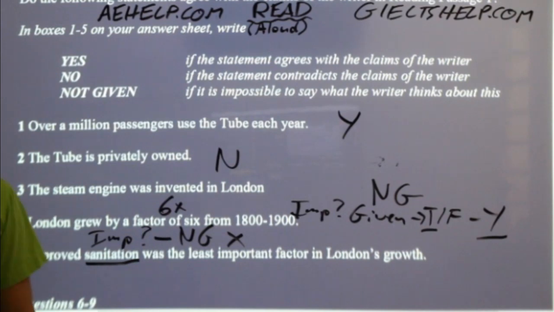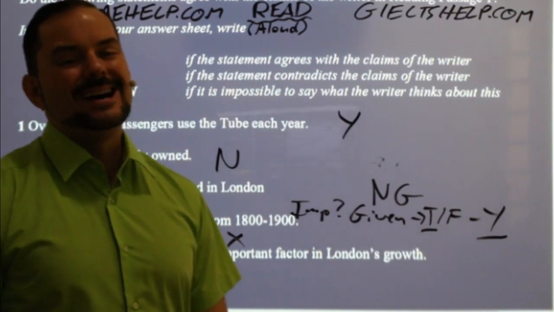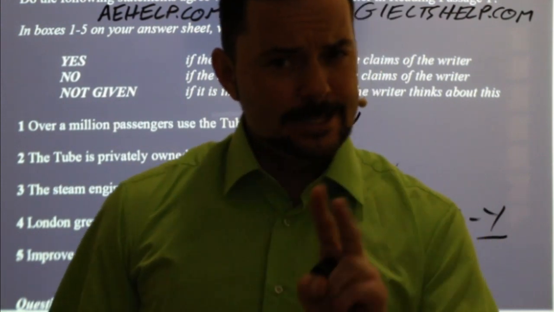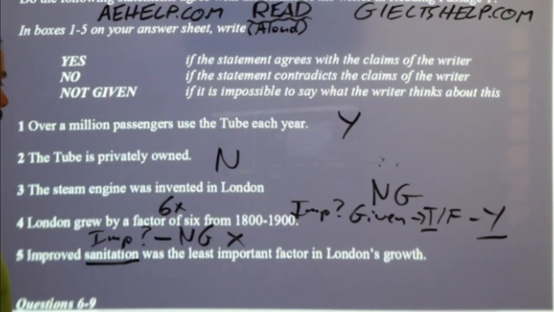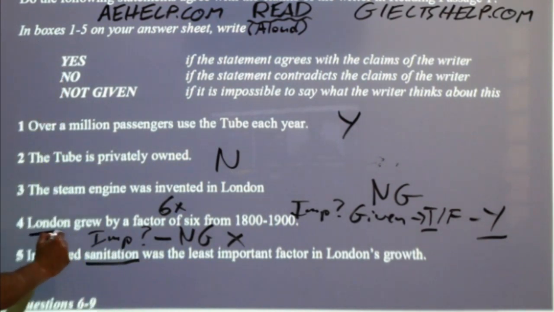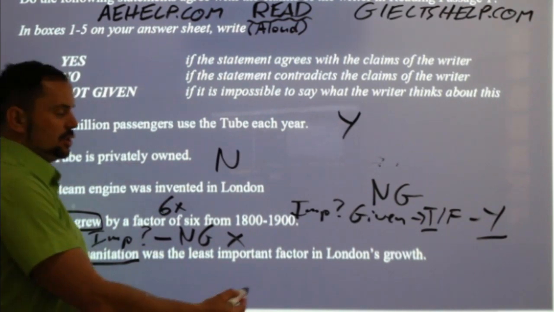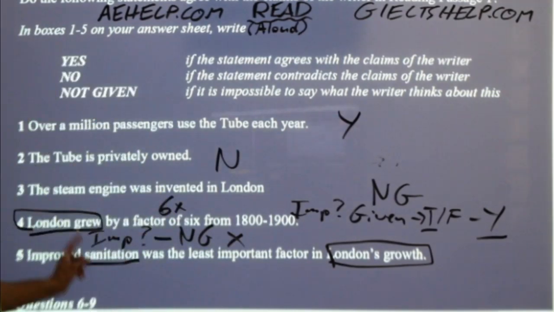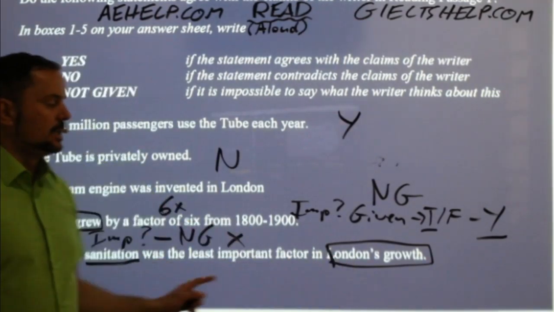But if you're that band 8, band 9 student, and you're really paying attention, you're like, something's going on here. You notice that here in question 4, London grew, okay? Now in question 5, London grew. So there's obviously information about London's growth.